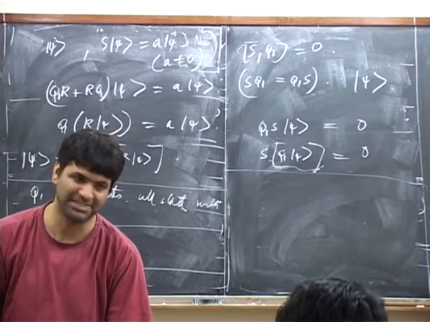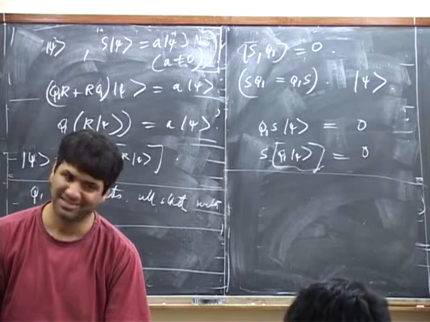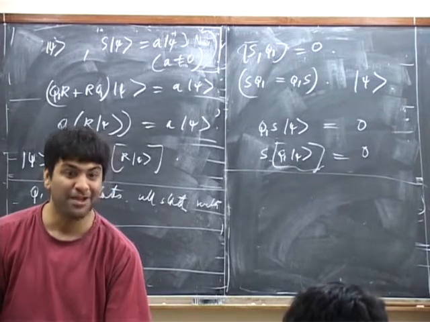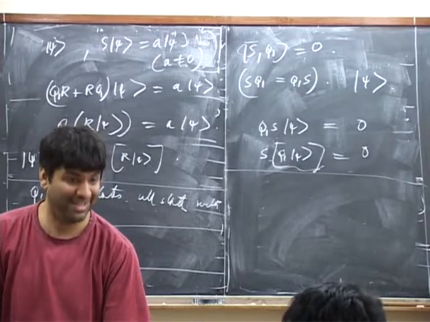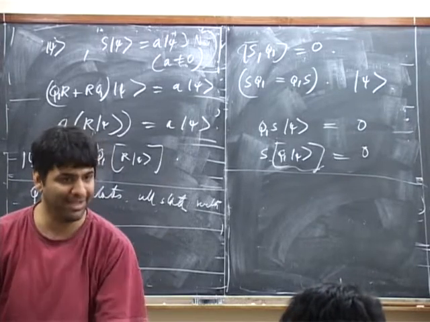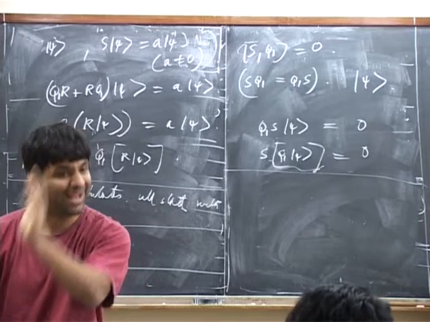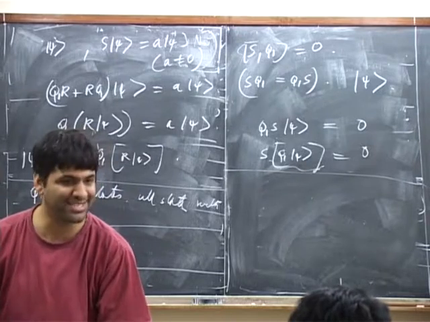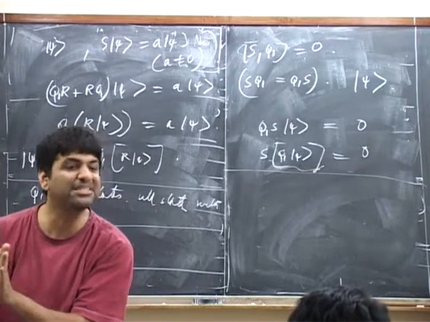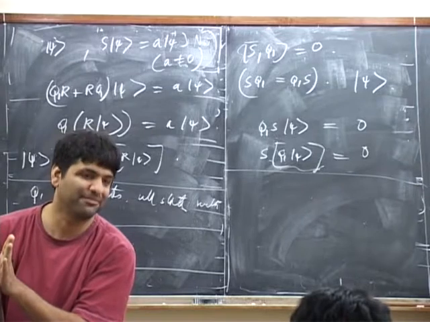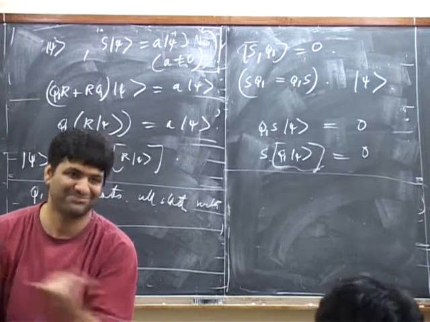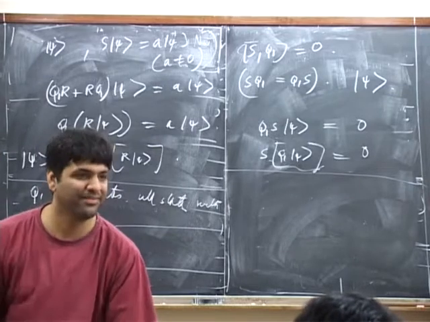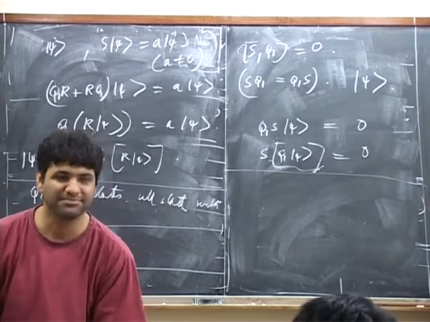Q1 has 0 charge under S, and therefore chi has S equals 0. So we've shown that there's no state chi with S equals 0 that is not annihilated by Q1. So it's impossible that psi is equal to Q1 on chi.